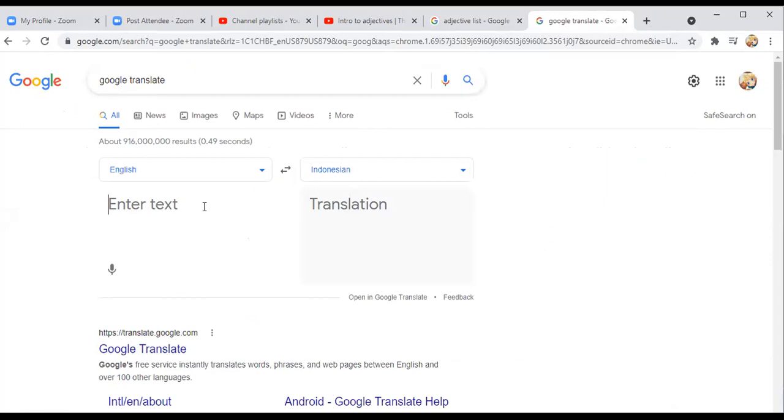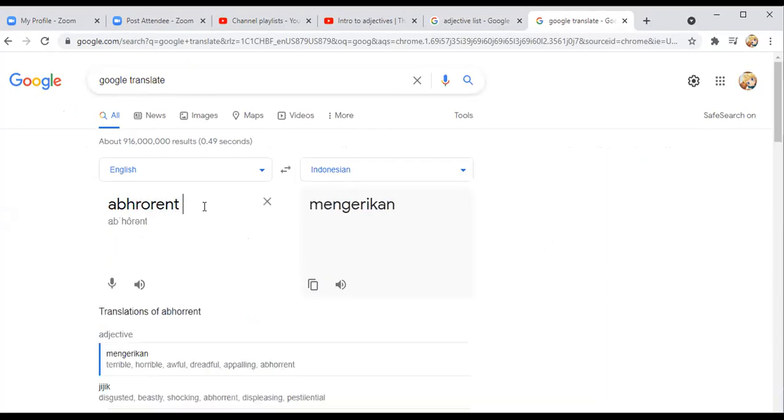When you've written it down. Abhorrent. Abhorrent. See, you will be able to listen to how the word actually sounds. How do you actually need to pronounce the word?